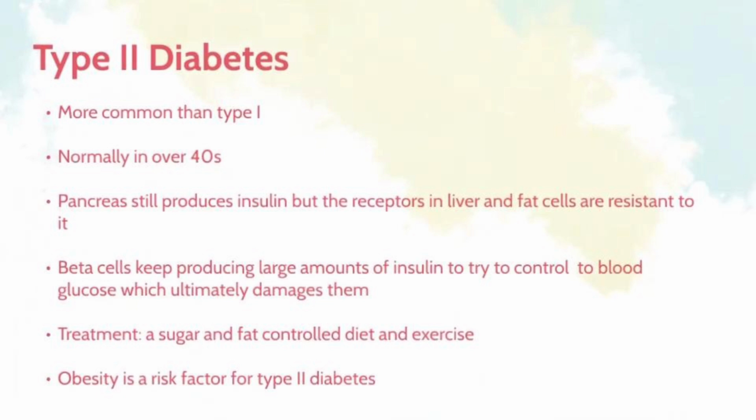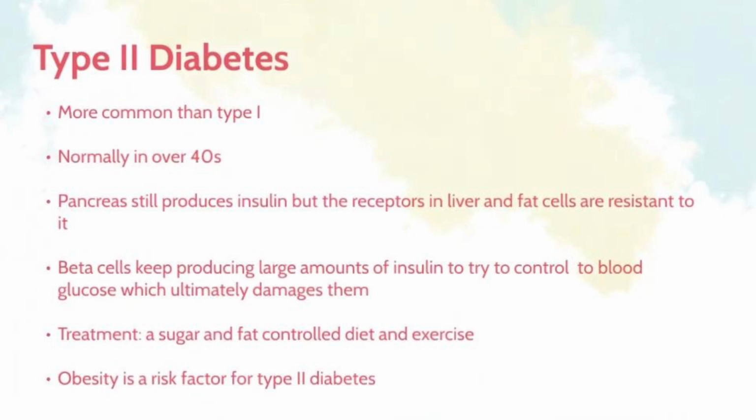So insulin is still being released from the pancreas, but the liver has become resistant to it and doesn't respond to it as it should anymore. That means the blood glucose levels remain high because glucose isn't being removed from the blood.